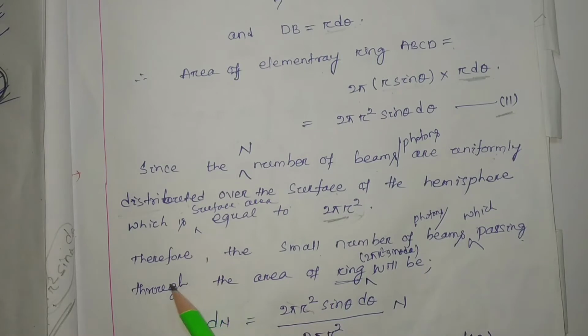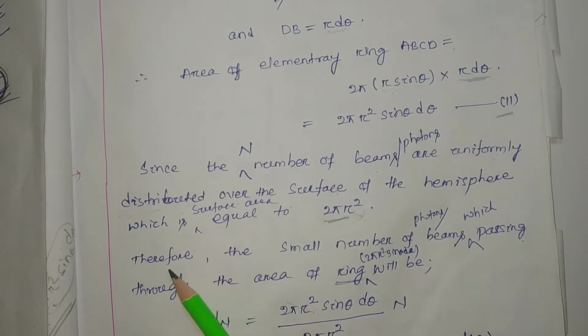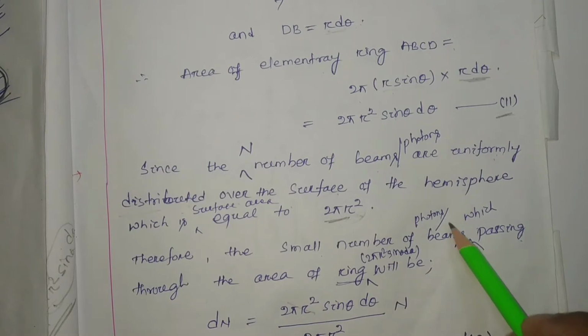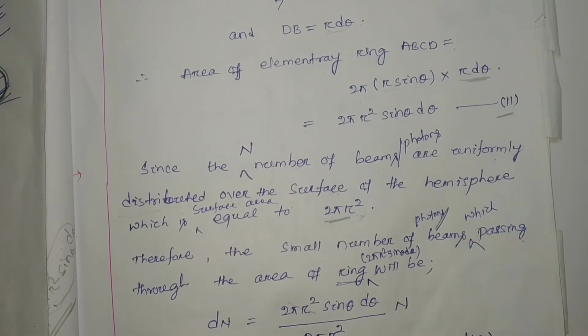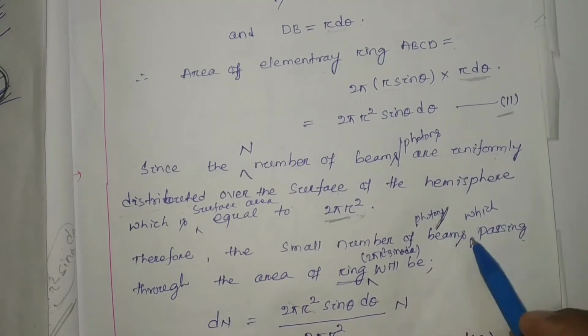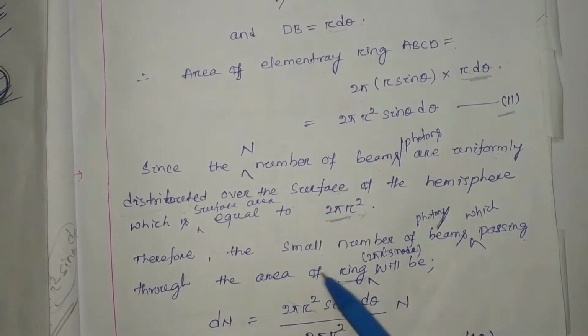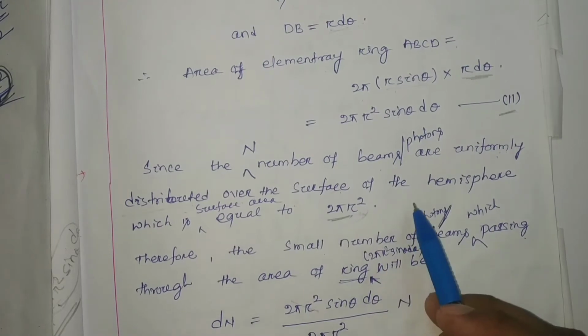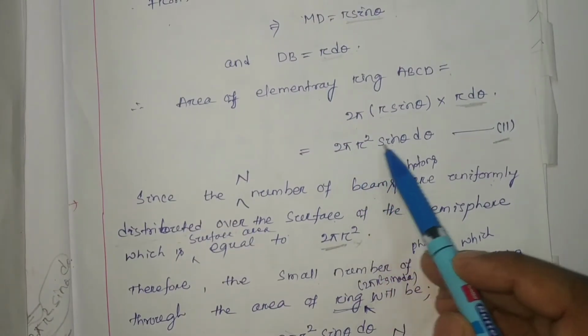Therefore, here it is written that the small number of photons or beams passing through the area of the ring, which we found to be 2 pi r square sin theta d theta.